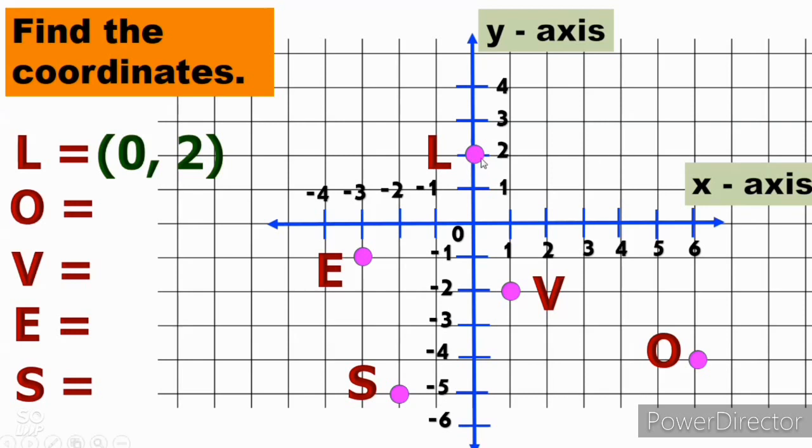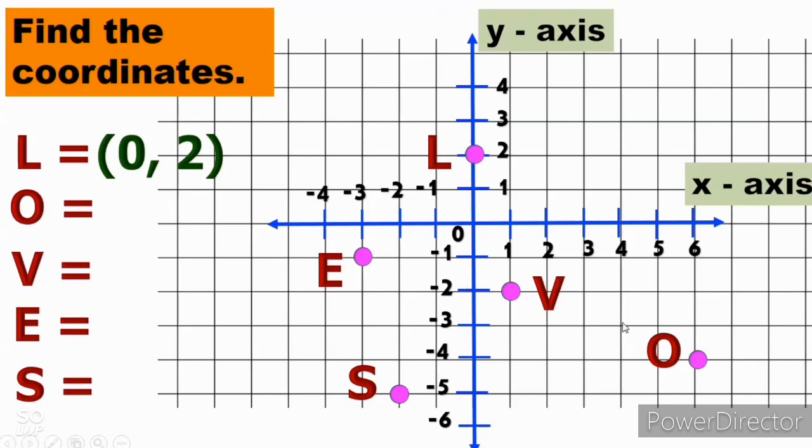If you will observe, nakatapat siya sa origin, which is nasa x-axis. And then yung 2 is y-coordinate, so hahanapin natin siya sa y-axis. Nasa tapat siya ng 2. Therefore, ang coordinates natin is 0, positive 2.